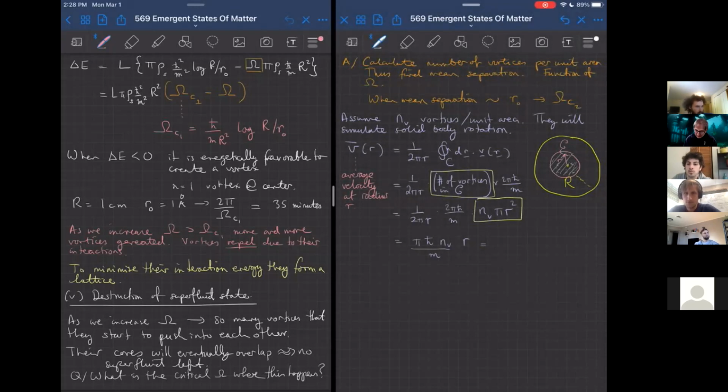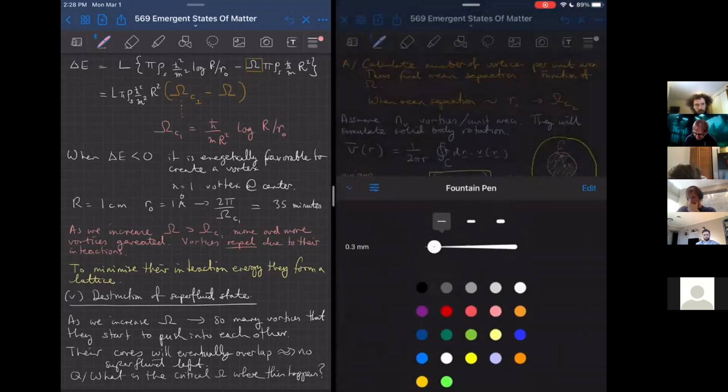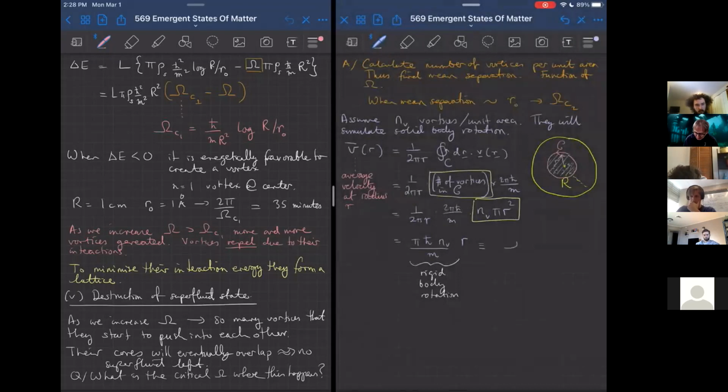Okay, so once I've got this, I've got the average velocity at radius r is proportional to r, just as if I had some rigid body rotation. So this thing here is like rigid body rotation. And so I can define this to be some effective omega times r.